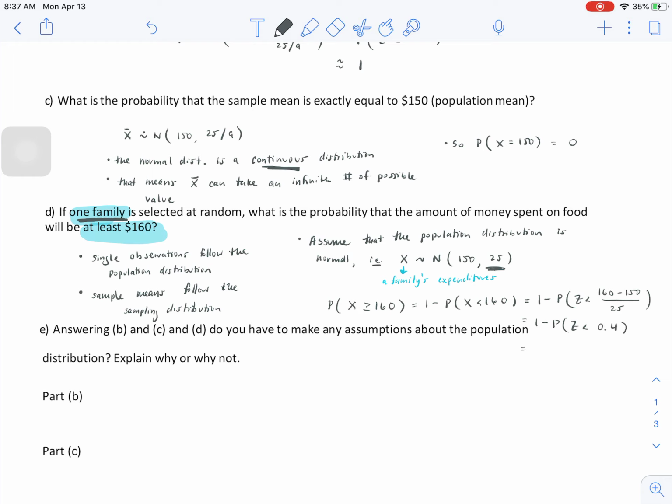If I look this up in my z-table, the area to the left of 0.4 is 0.6554. 1 minus 0.6554 is 0.3446. So the probability that any single family will spend at least $160 is about 34.46%.